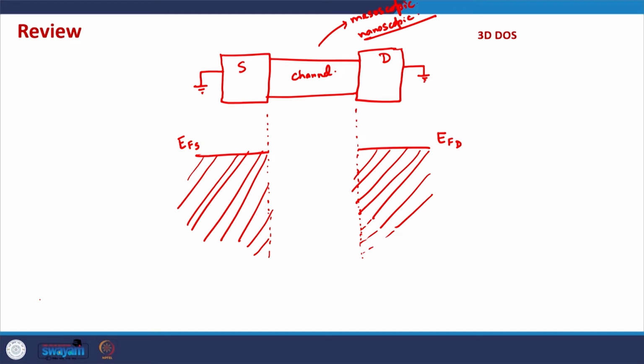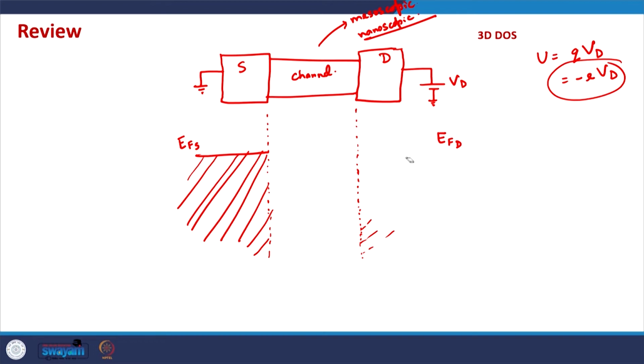But when we apply a small voltage on the device, which means we apply a positive voltage, generally that is the convention, on the drain terminal, a positive voltage will mean that the electronic potential energy will go down by minus q times Vd, where Vd is the applied voltage. Which means that the drain Fermi level will go down by this value. So, now the situation becomes something like this.